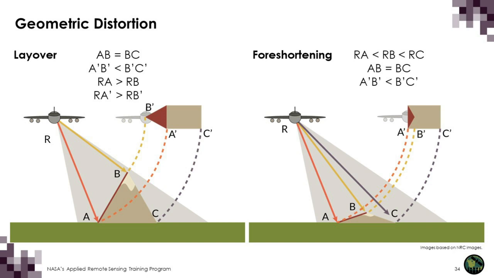And because the radar measures distance in slant range, the slope A to B will appear compressed, and the length of the slope will be represented incorrectly. So depending on the angle of the hillside or the mountain in relation to the incidence angle of the radar beam, the severity of foreshortening will vary. And some of these things can be corrected using a digital elevation model. So this is really due to that side-looking nature of radar.